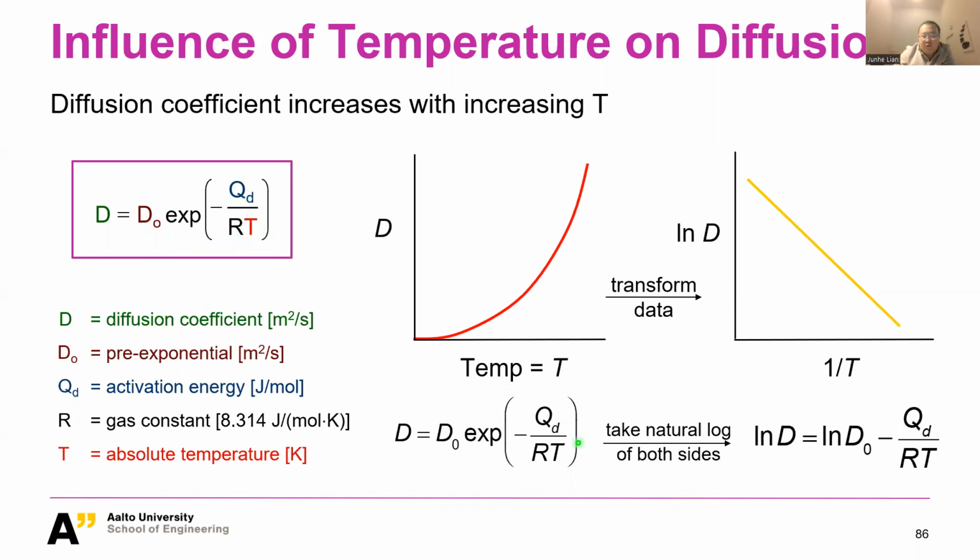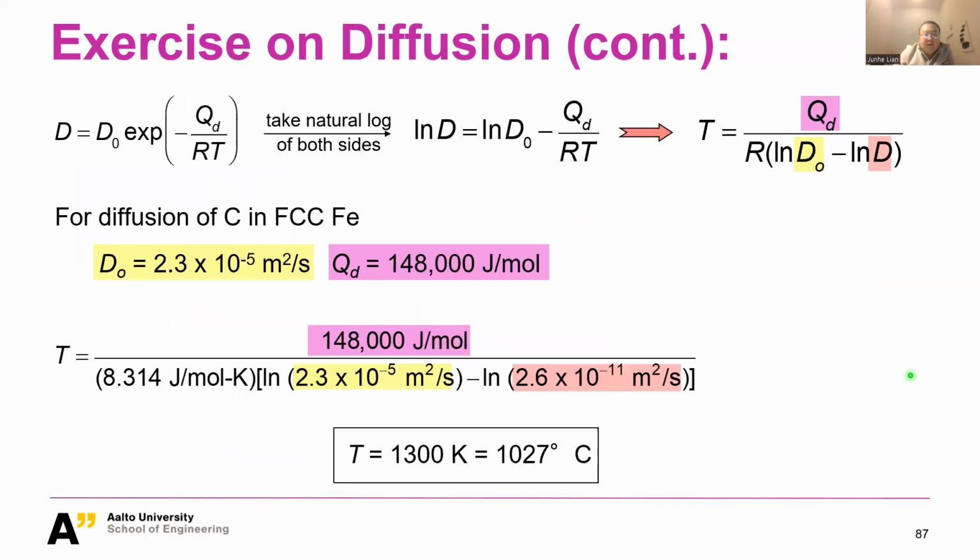So how do we do it? Basically you just apply the equation here. You take the logarithm of the left and right hand sides of the equation. You can get everything in a very simple form. Now we do it, and you can basically get this equation to calculate the temperature.